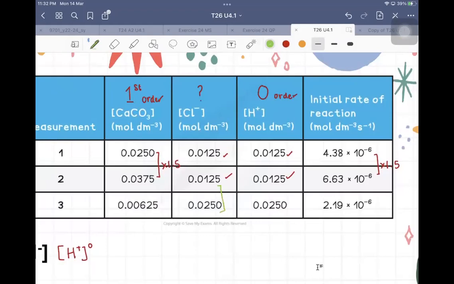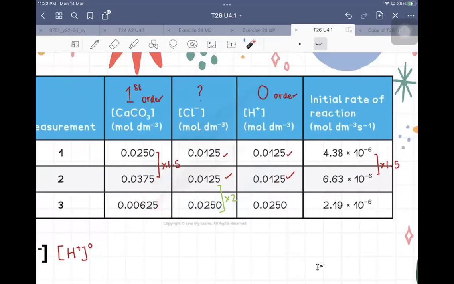So that's 0.0250 divided by 0.0125. And that is an increase by 2. Okay. If you notice that the calcium carbonate is now decreased in value.